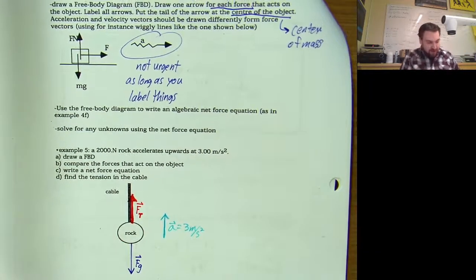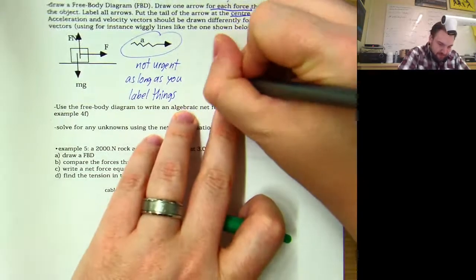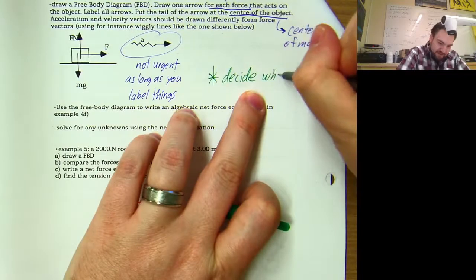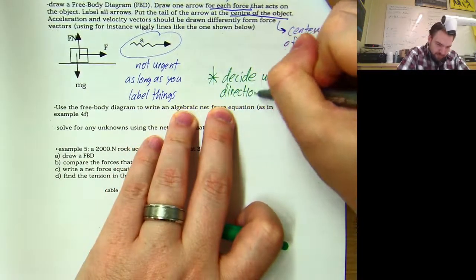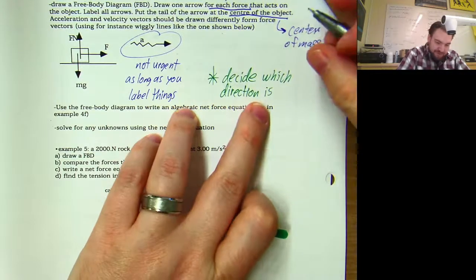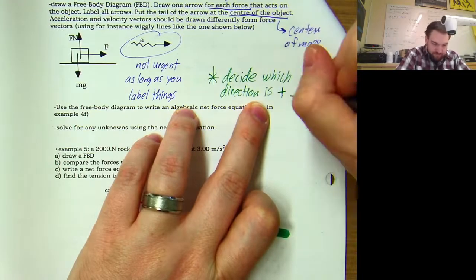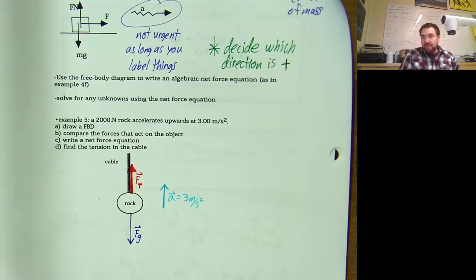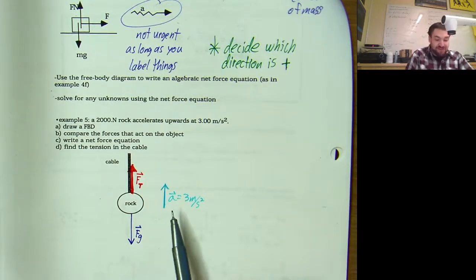We can stop being quite as concerned with the idea of negative i hats and j hats at this point, because sometimes it's going to become useful to have alternative directions for positive and negative. Okay? So I've got a force of tension acting upwards, I've got Fg acting downwards, I've got an acceleration acting upwards.